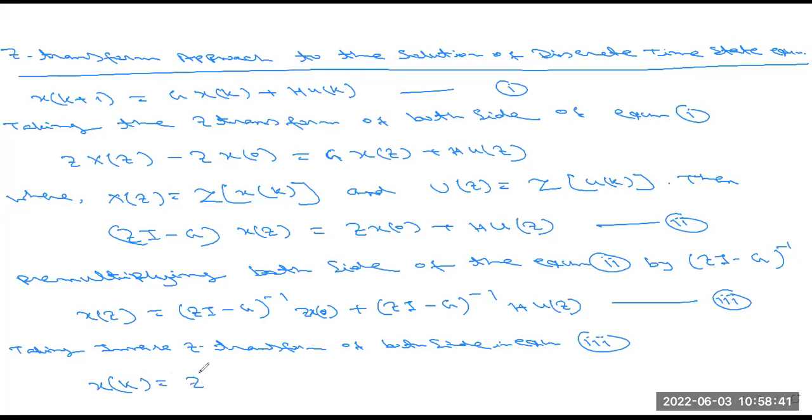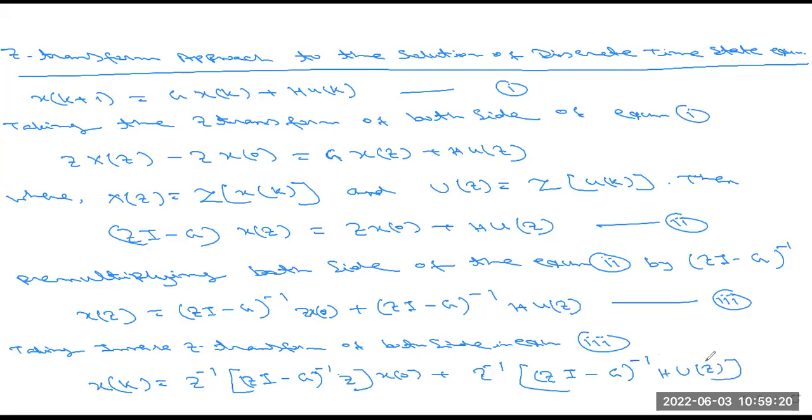This is the Z inverse of (zI minus G) inverse z x(0) plus Z inverse of (zI minus G) inverse H U(z). So this is equation number 4.